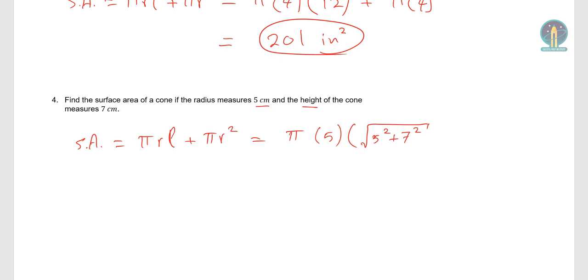The radius is 5, which is also the base of the triangle. The height is 7, which is also the height of the triangle. Okay, this is the slant height plus pi times r, which is 5 squared.